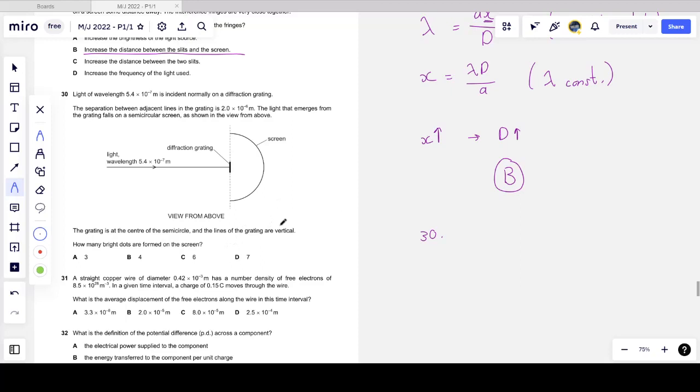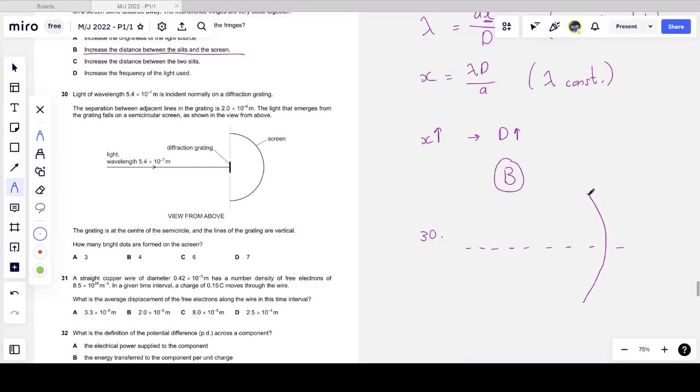Okay, so a diffraction grating, we have light coming in, and the light comes in along a central axis. We assume that light behaves as a wave here, since it's going to undergo diffraction. We have a semicircular screen.